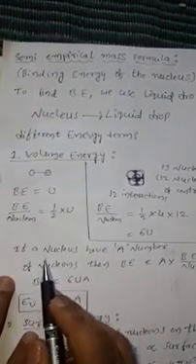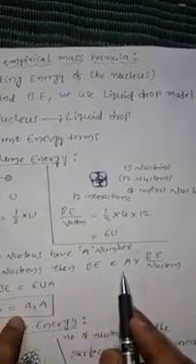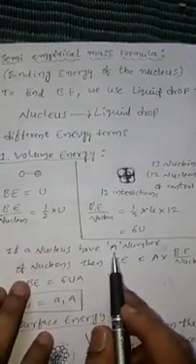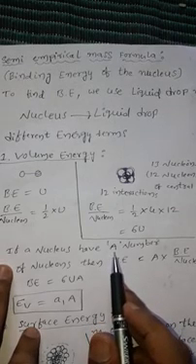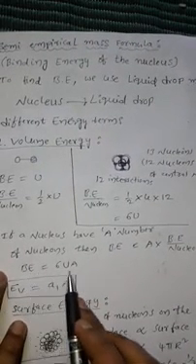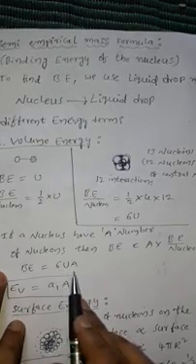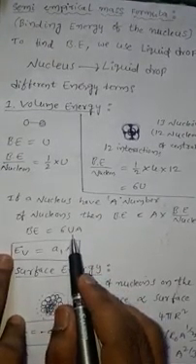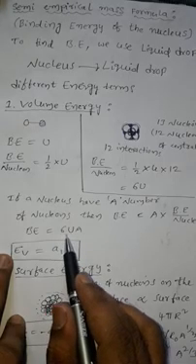So if a nucleus has A number of nucleons, then binding energy will be equal to A into binding energy per nucleon. Here A is the atomic mass number, which is equal to number of protons and neutrons. Then binding energy becomes A into 6U. Here 6U is the binding energy per nucleon. Here U is a constant, the binding energy between nucleons, and 6 is a constant.